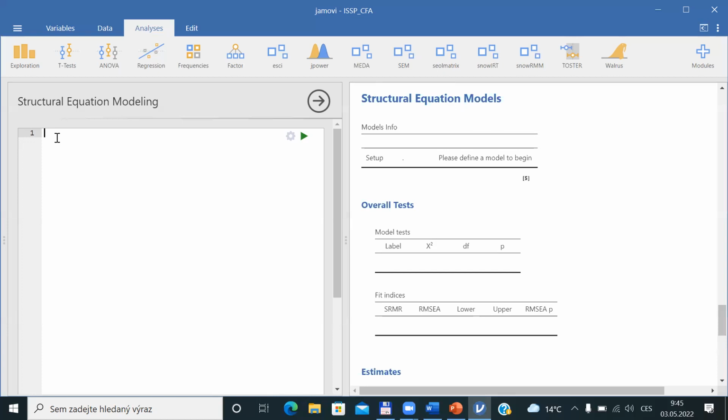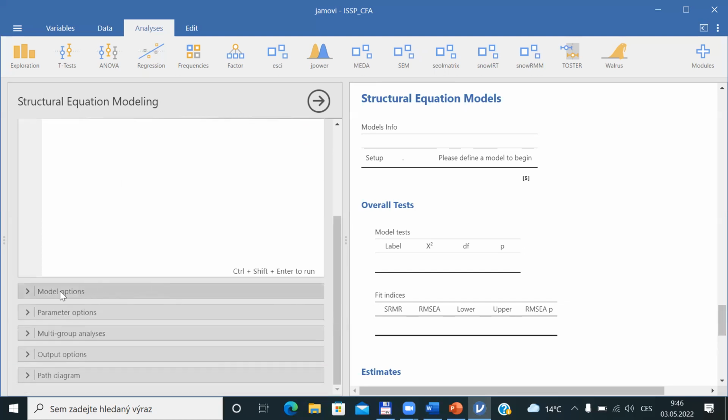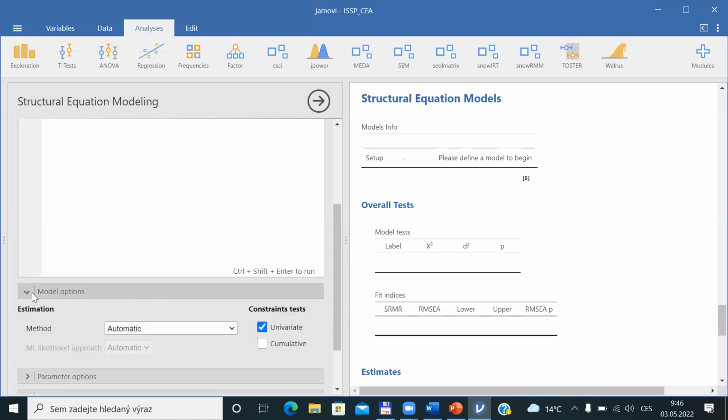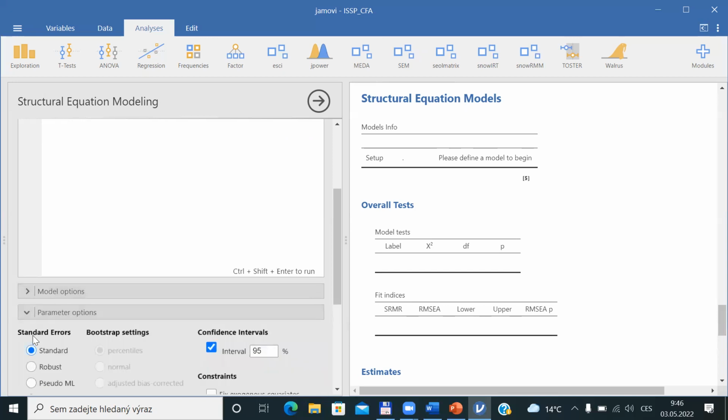If you prepare the model and run it, Jamovi, according to my previous experience, will give you some very strange error message. It says something like you should switch into standard estimation, but by default there is standard estimation here. Here it is, standard errors and standard estimation.